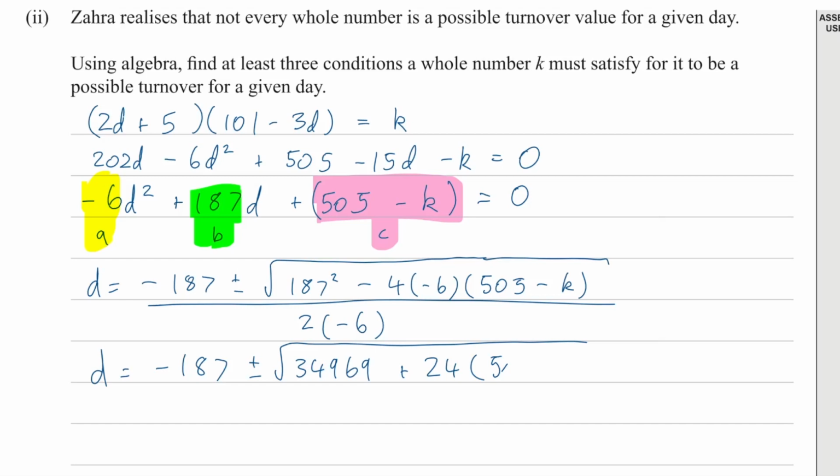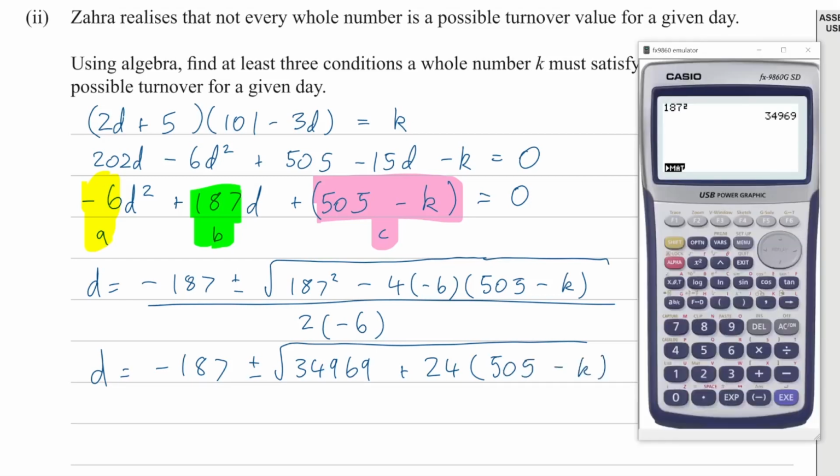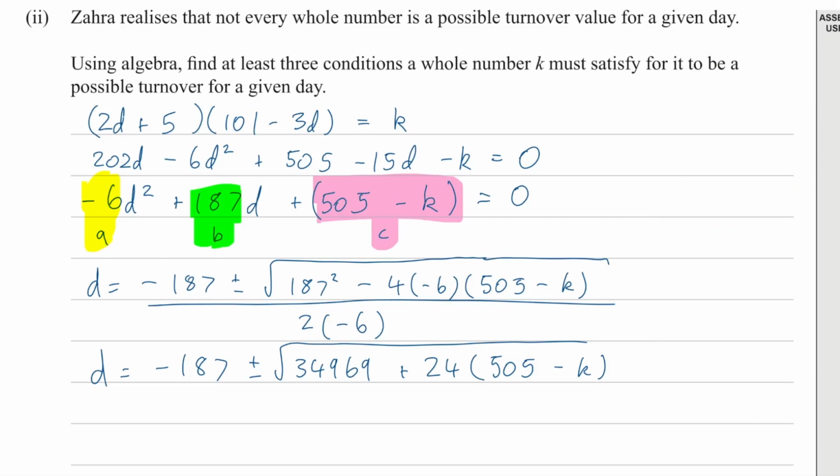And then 24 times 505 is 12120. And it was 24 times negative k, which would give us negative 24k.